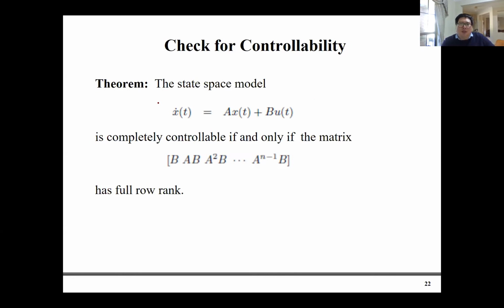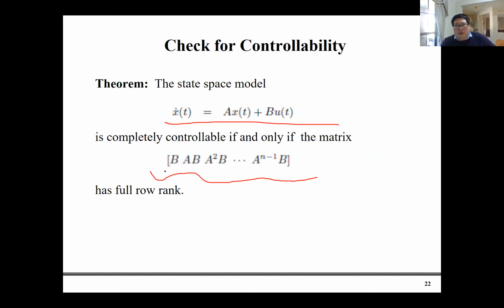All right. So suppose we have a linear continuous time system, which is x dot equal to Ax plus Bu. Then we can calculate this controllability matrix, which is B, AB, A squared B, A to the power 3 B, up to A to the power n minus 1 B. All right.